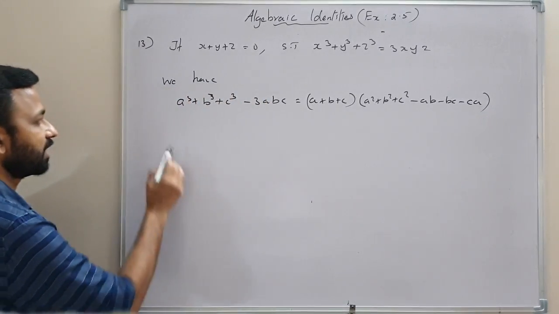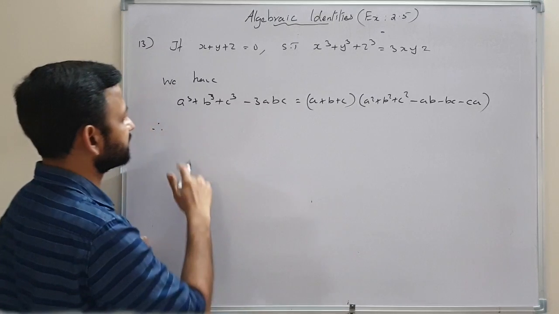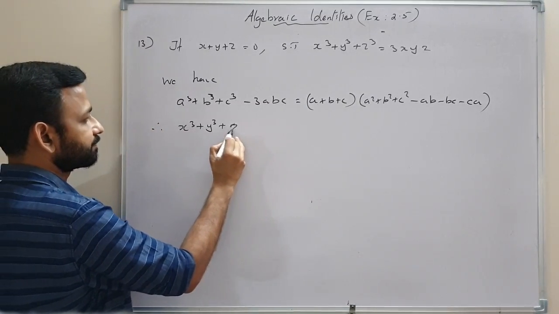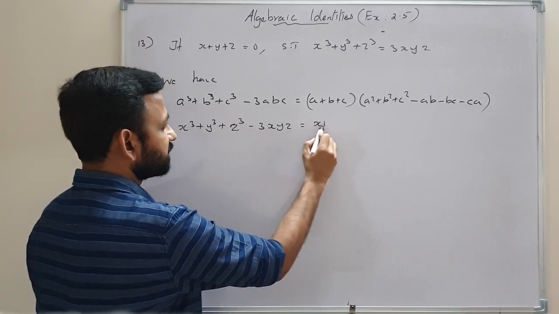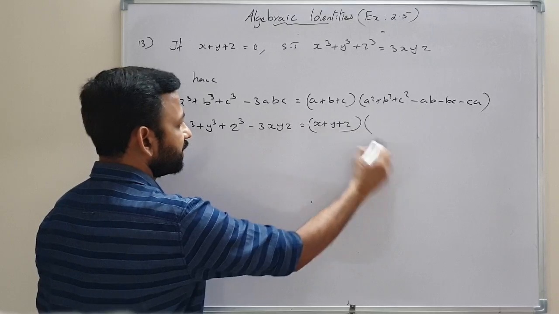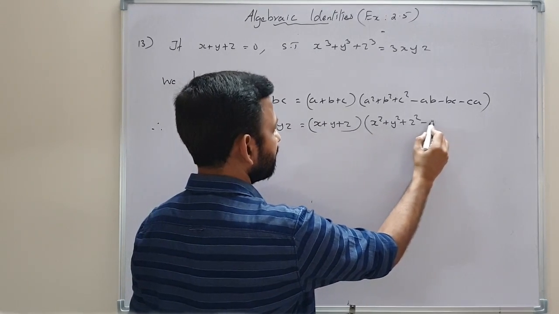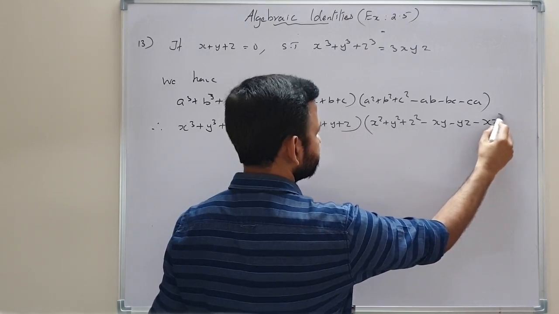Therefore, replace a by x, b by y and c by z. Therefore, x cube plus y cube plus z cube minus 3xyz equal to (x plus y plus z) into (x square plus y square plus z square minus xy minus yz minus xz).